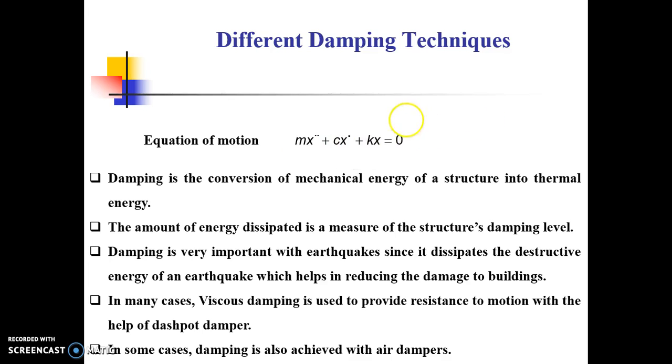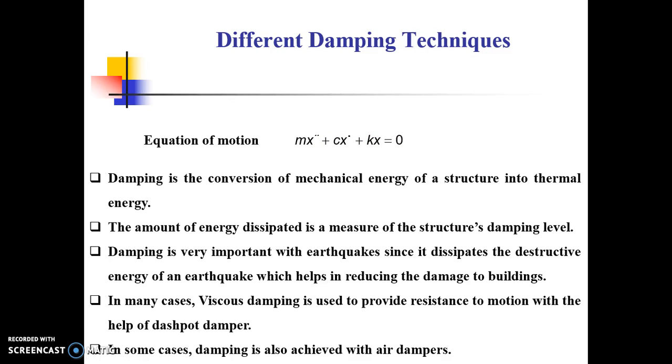Here we are interested to discuss about the damping, and that damping comes in terms of the term Cx dot. So in such case the equation of motion is given as mx double dot plus cx dot plus kx equal to 0.